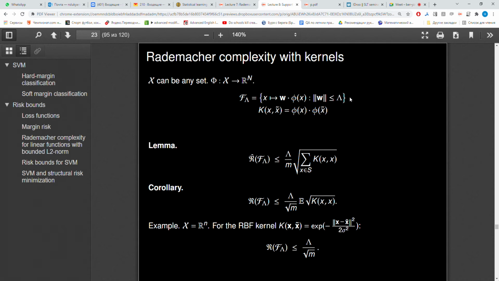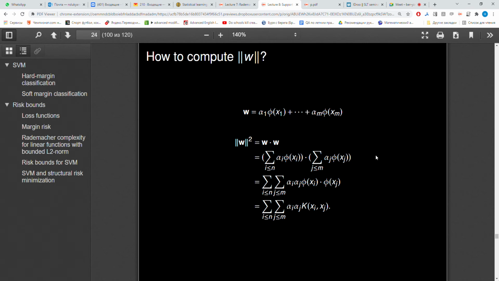We can use this kernel, such that it equals phi of x multiplied by phi of x tilde. And we can compute that in this case our average Rademacher complexity will be bounded with one expression. So it looks great.